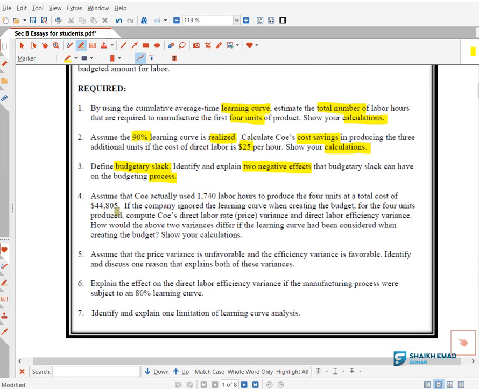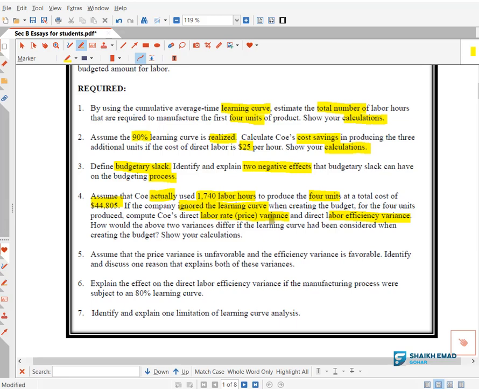Then in question number 4 they are saying we have 1740 hours to produce the 4 units. Actually this happened, the cost was this much. Now they say if you ignore the learning curve, ignore requirement number 1 and 2, calculate the labor rate variance and labor efficiency variance. Now if you remember, in the budgeting area we don't calculate variances.